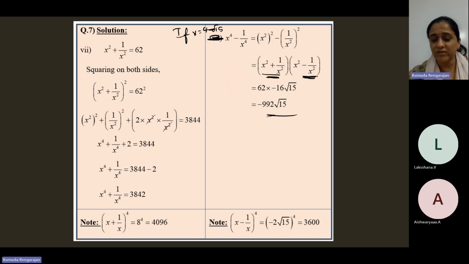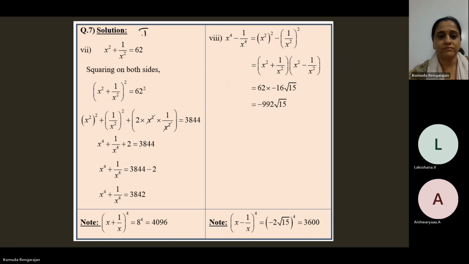If we did not have these values, you have to find them.